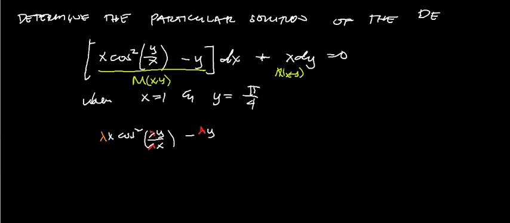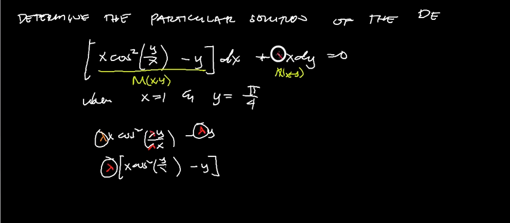So we can cancel out lambda and we can factor out the lambda here. So we have lambda, then our function x cos²(y/x) minus y. Okay, so this is degree 1 as well as this.